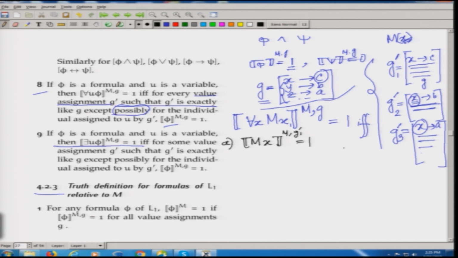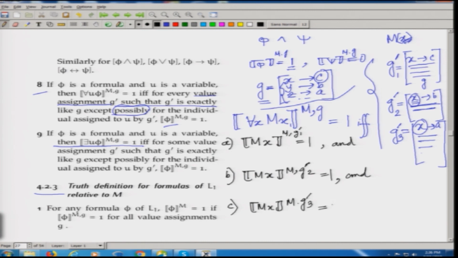This is 1 if and only if mx with g prime 1 is 1 and mx with g prime 2 is 1 and mx with g prime 3 is 1.